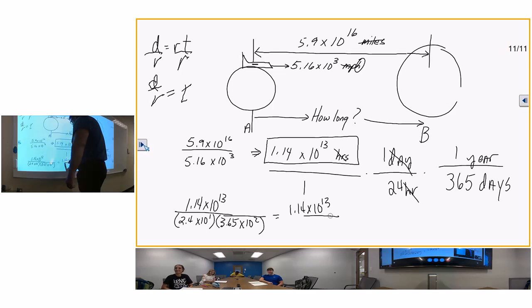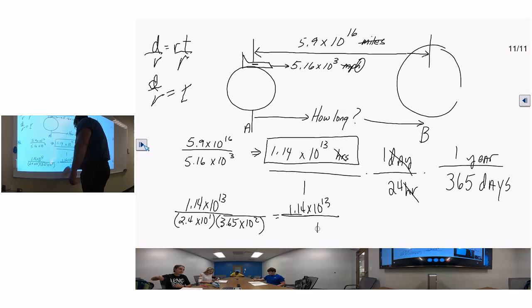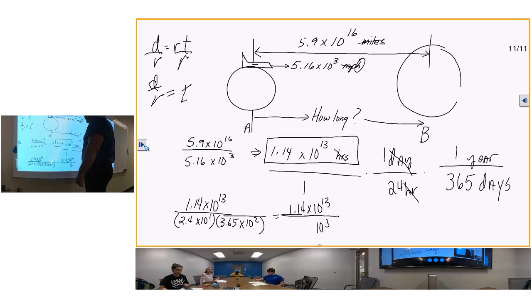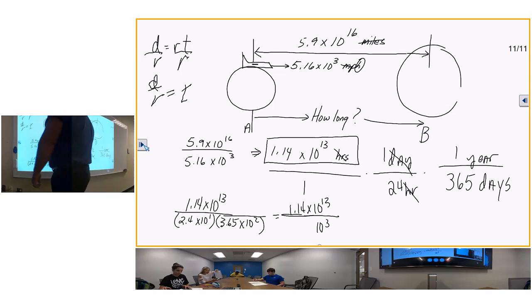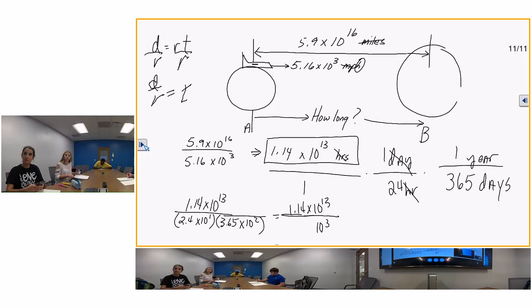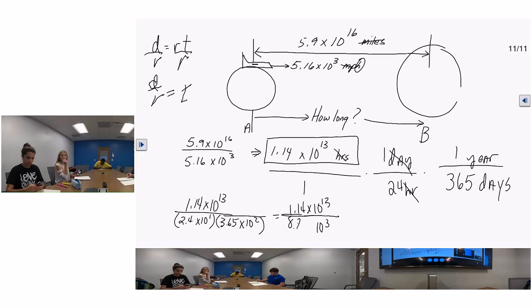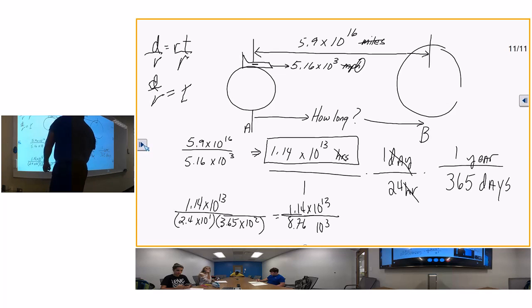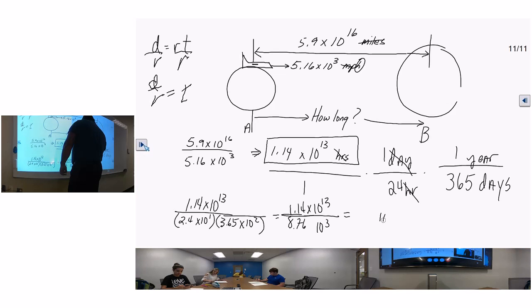So somebody multiply, that'll be 10 to the third power. What is 2.4 times 3.65? 8.76. And then 13 divided by 10, that's 10 to the 10th power.